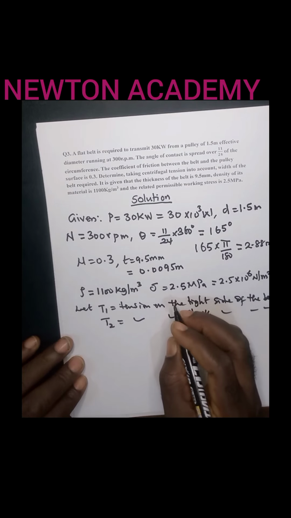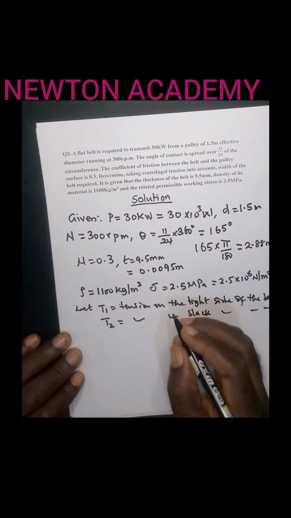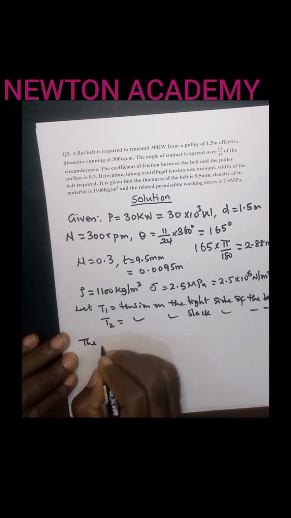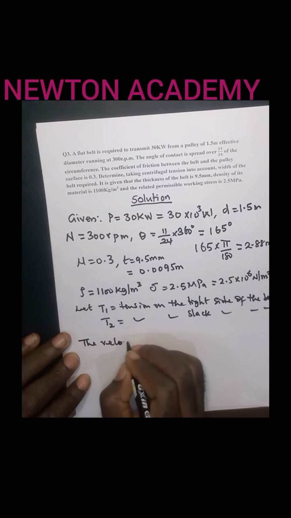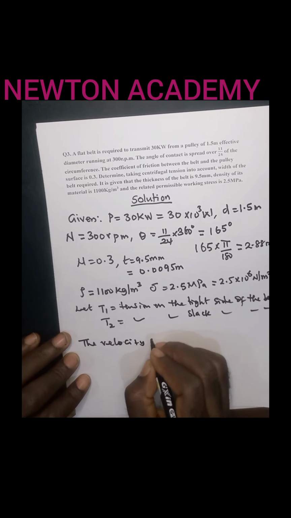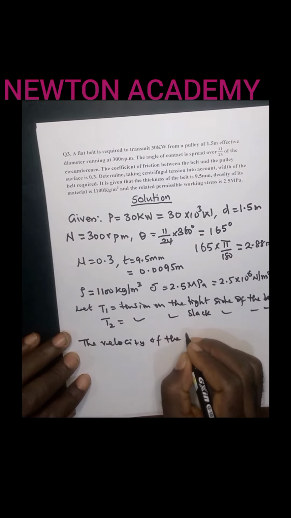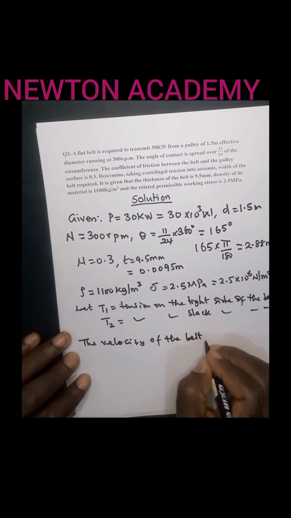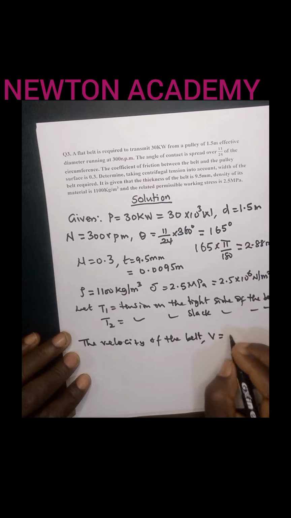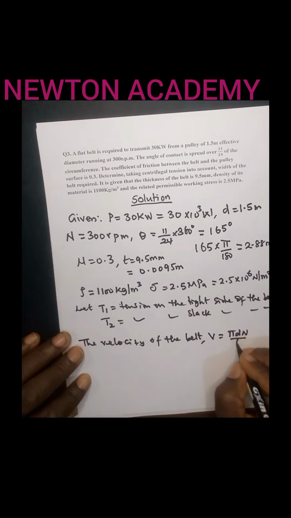Then the velocity of the belt, V, is given by pi D N over 60.